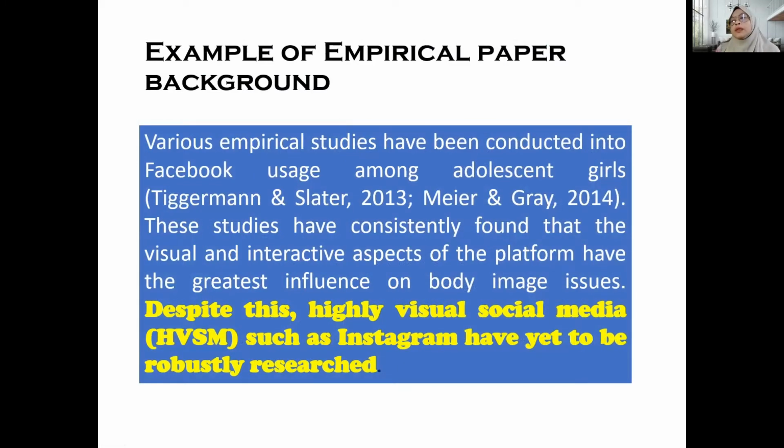You cite Tiggemann and Slater 2013 and Musgrave 2014. These studies have consistently found that the visual and interactive aspects of the platform have the greatest influence on body image issues. Despite this, highly visual social media such as Instagram have yet to be robustly researched. So this is the gap. This is the issue.